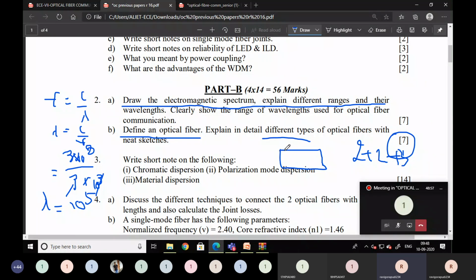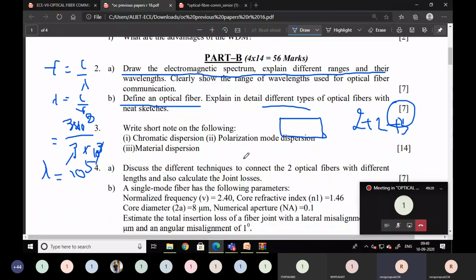Sometimes some students keep a wrong answer in the box, which is a drawback, so don't do that. If it is the exact answer, keep it in your box. Highlight your answer by writing with different pens, blue ink and black ink. Then, types of fibers.